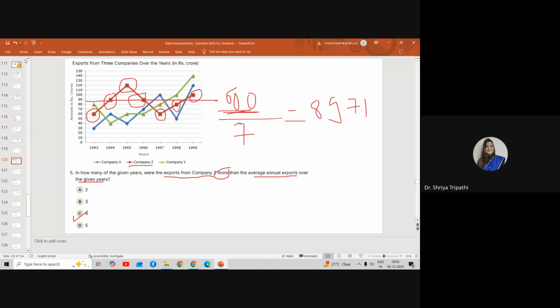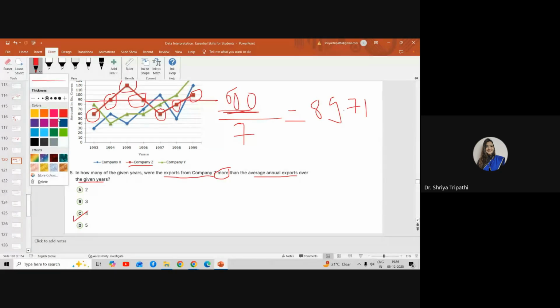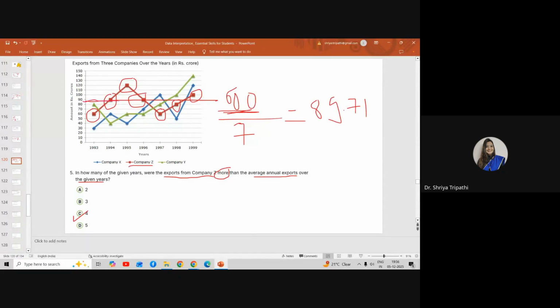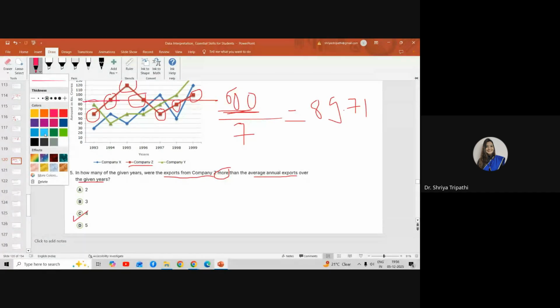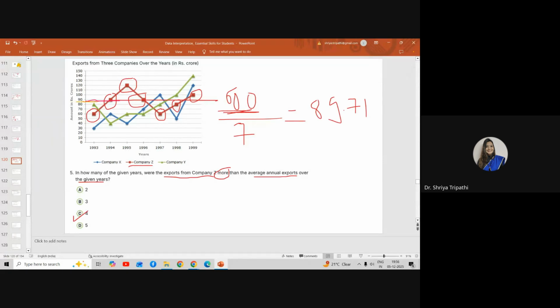If you can see this dotted line, above 87, you can clearly see through the graph only. You don't even have to calculate. We have 4 such figures. So the right answer is option C, that is 4 years. Did everyone get the answer?